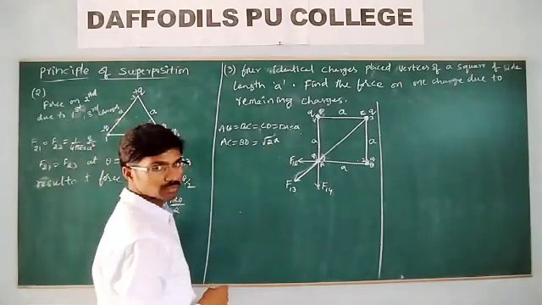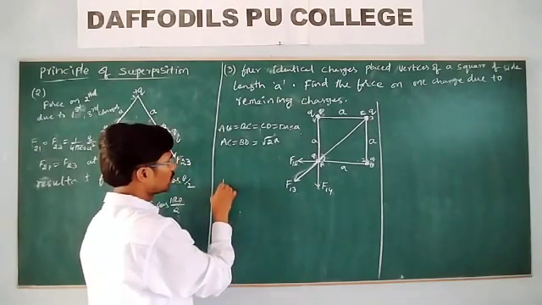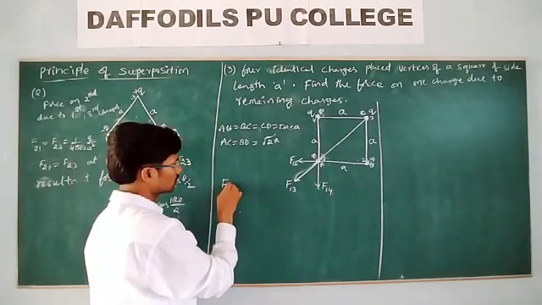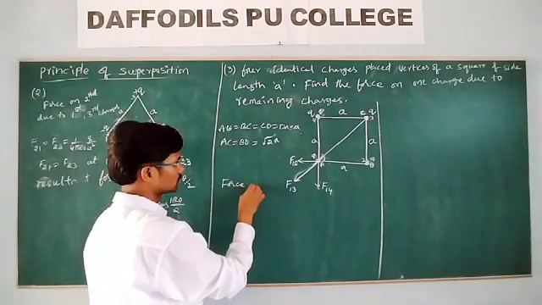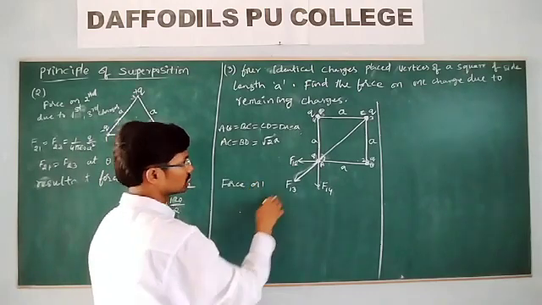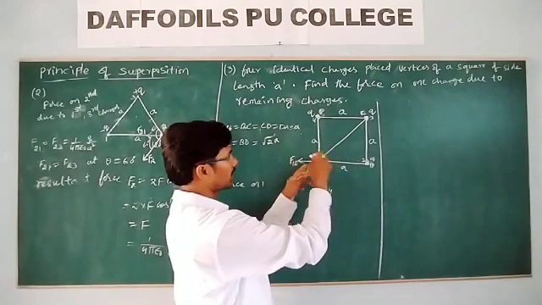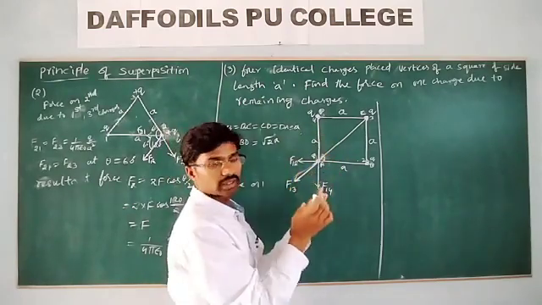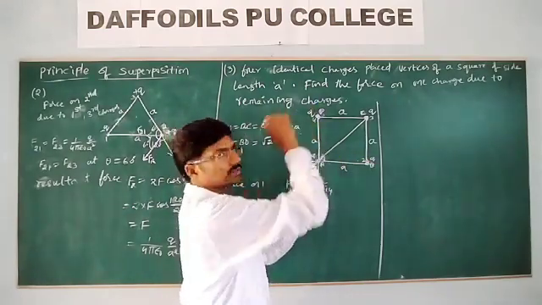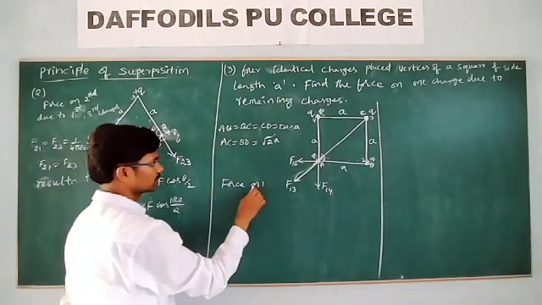Now find the force magnitude. The force acting on 1 due to the second charge and the fourth charge is the same. Why? Same charges, same separation. That's what I take here.